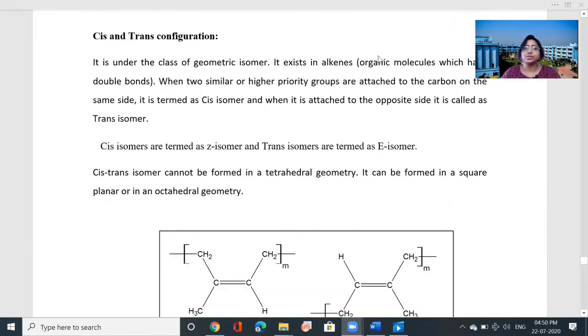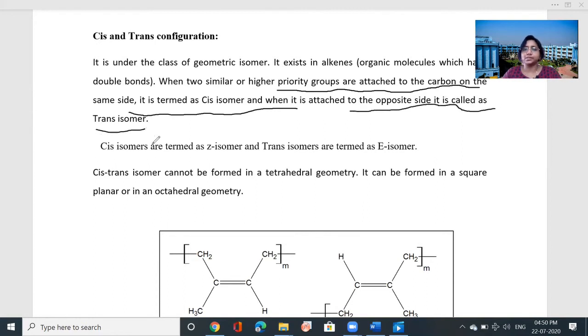okay, this is called cis isomers. When two similar or higher priority groups are attached to the carbons on the same side, it is termed cis isomers. When they are attached on opposite sides, it is called trans isomers.